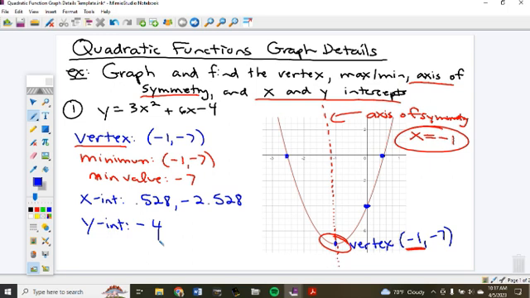So we have thoroughly analyzed this quadratic function. We have found the vertex. The vertex is down here, which also tells me the minimum, which also tells me the axis of symmetry. Remember, the axis of symmetry is just a vertical line through the x-coordinate of the vertex.